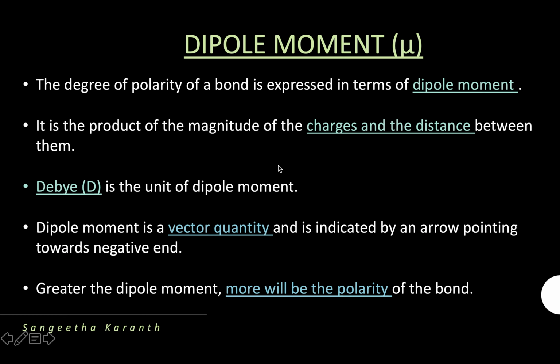Okay, so next coming on to the concept of dipole moment, which is represented as mu. Dipole moment is used to measure the polarity of a bond.